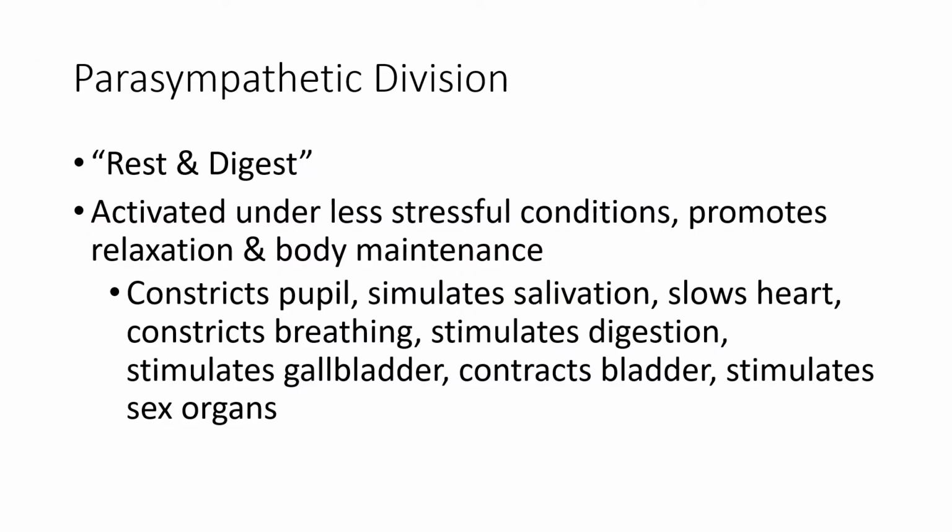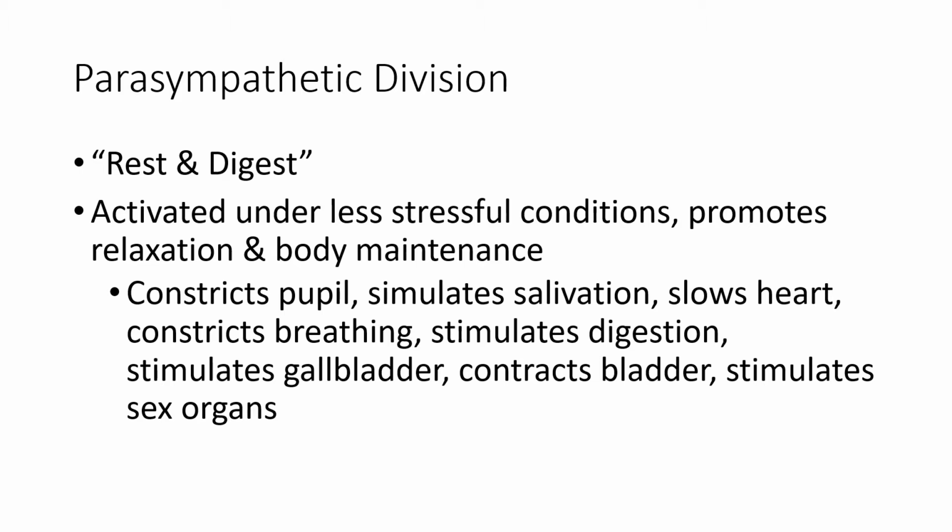Okay, so we're talking a bit more about the parasympathetic division in this module. So this would be the rest and digest side of the autonomic nervous system. Or I think there's another one called feed and breed, just as a reminder for parasympathetic actions.